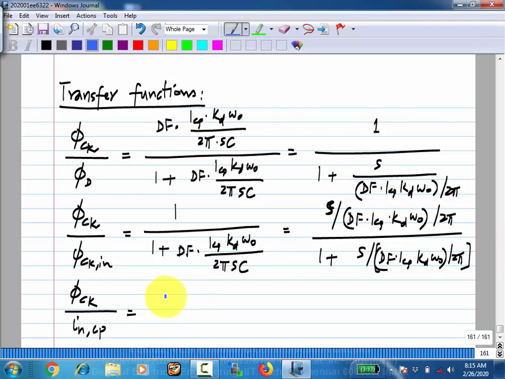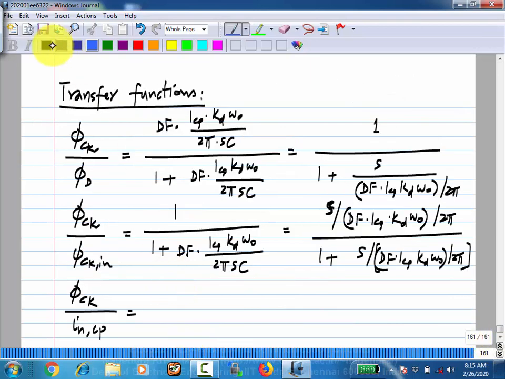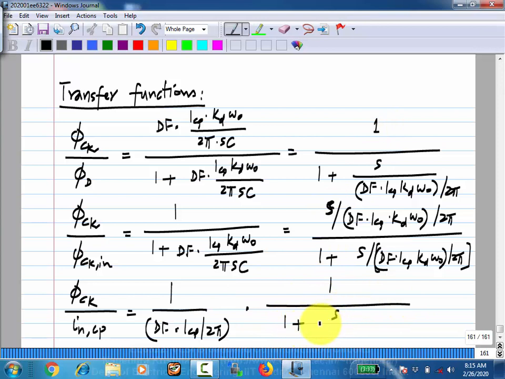So times that transfer function. This of course is from the current to the output phase.